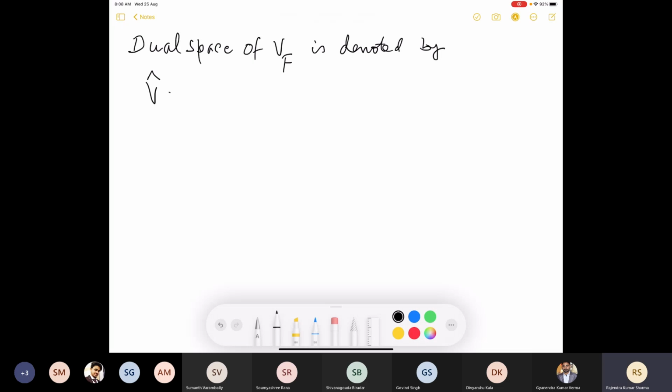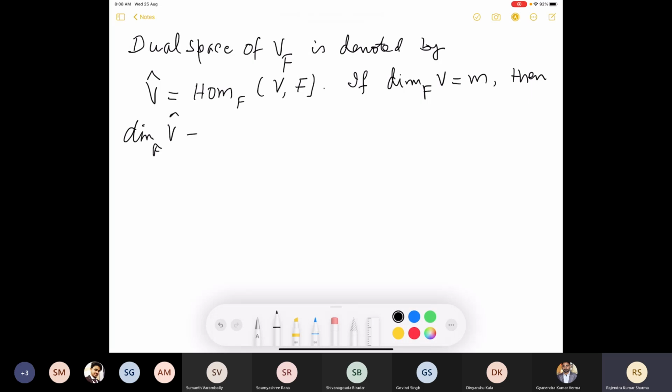So this V hat is nothing but Hom(V, W), where W is now F. And we know that if the dimension of V over F is m, in that case the dimension of V hat over F is also the same as m. If V is finite dimensional, V hat is finite dimensional, and both V and V hat have the same dimensions. This is what we have proved.